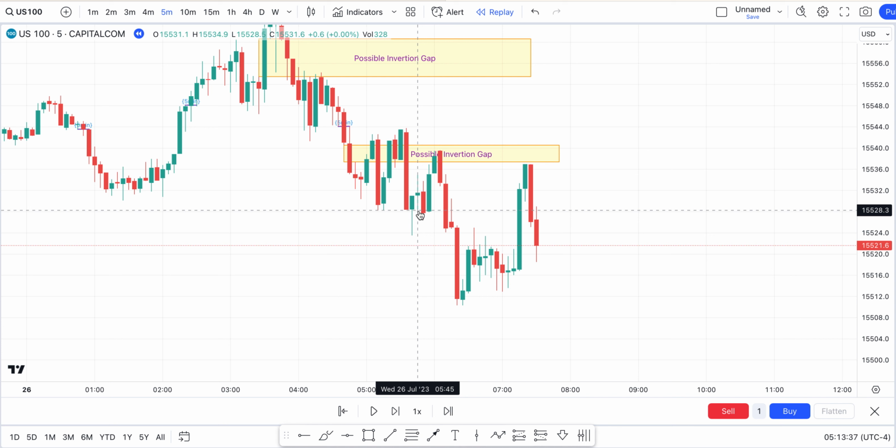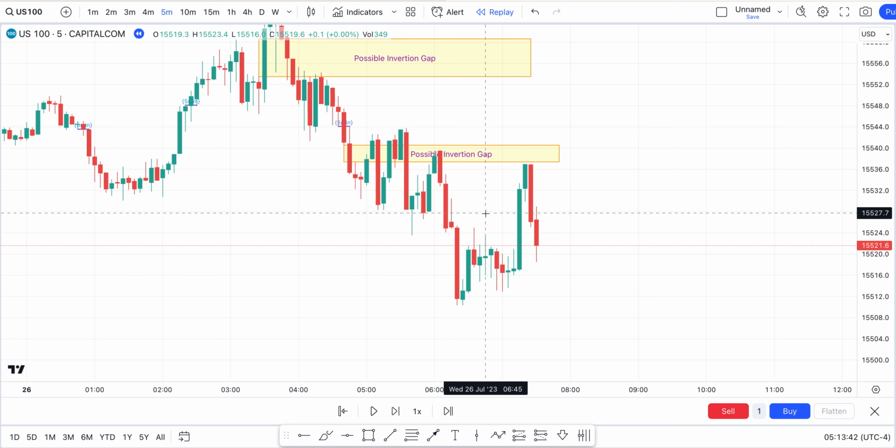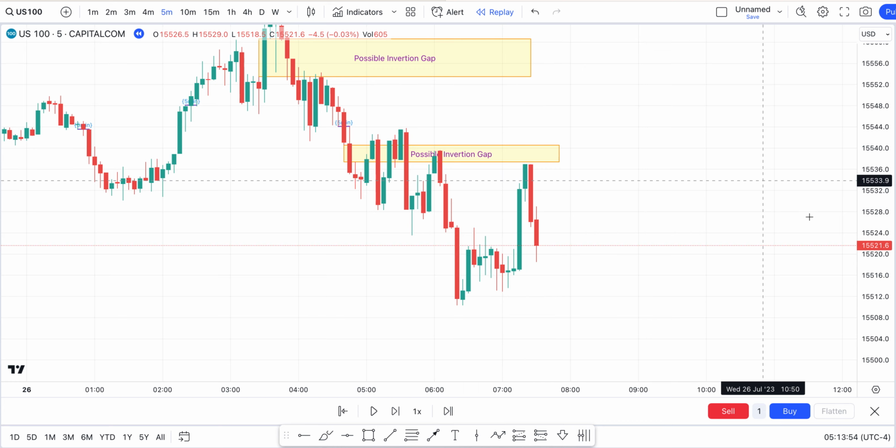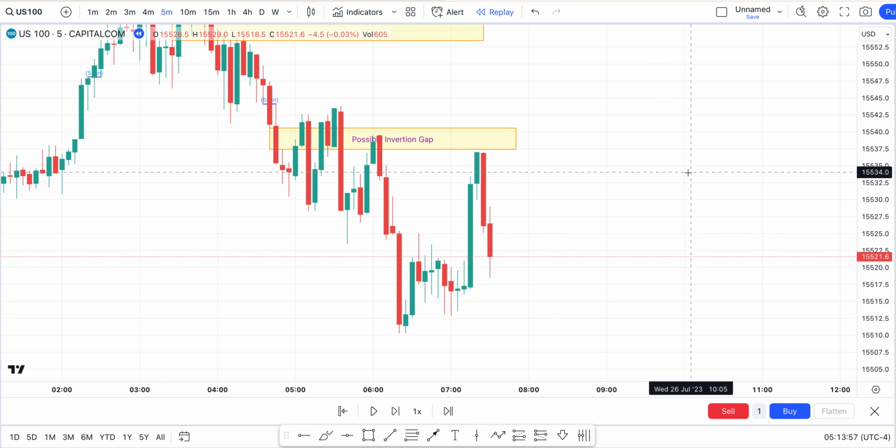So it has to be equal or greater than, up to 1 point. I'll change it from 0.75 to 1 point, because that's what seems important on the 5-minute chart.